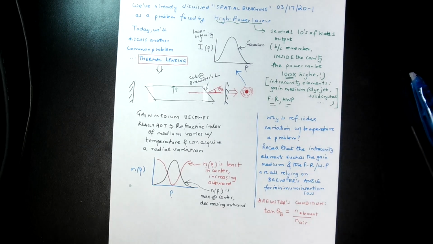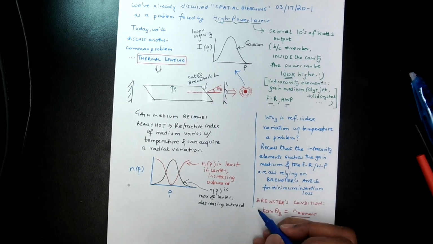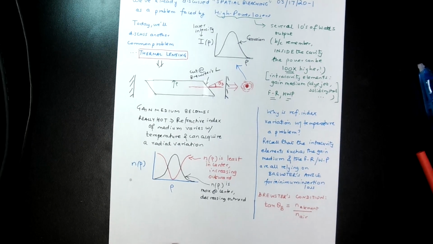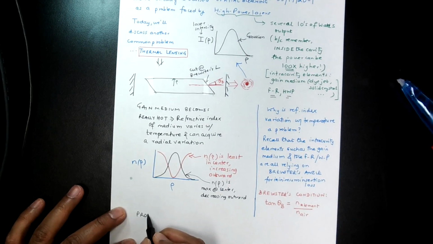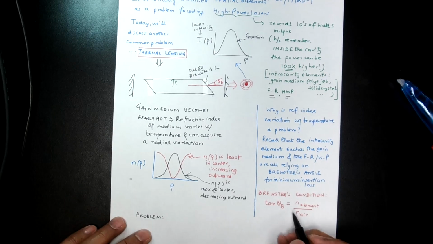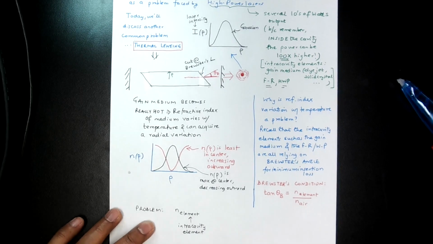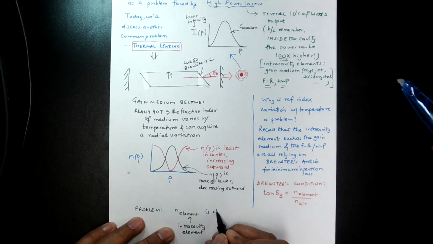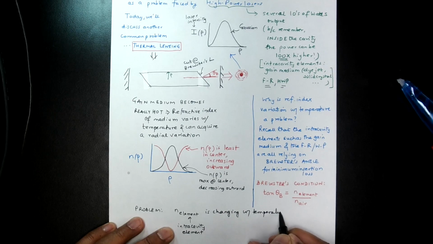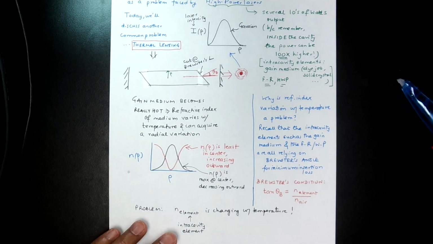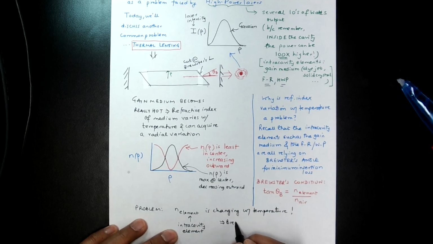Okay, so here's the problem. The refractive index of the element, this intracavity element, is changing with temperature. Which implies that the Brewster's condition is impossible to satisfy.